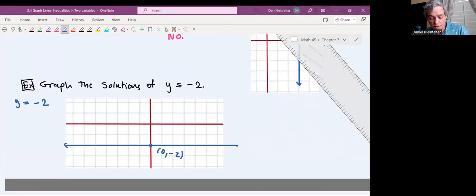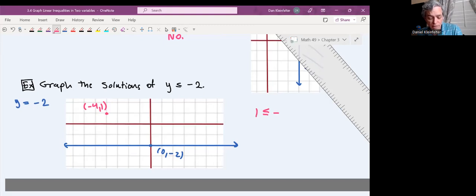So now, again, we have to decide whether the solutions lie above or below this line. So we want to test a point that is not on the line. It doesn't matter which point we pick. I'm going to choose a point like (-4, 1). Let's say I just happen to choose that. So let me put the coordinates of this point into our inequality. Here the y is 1.